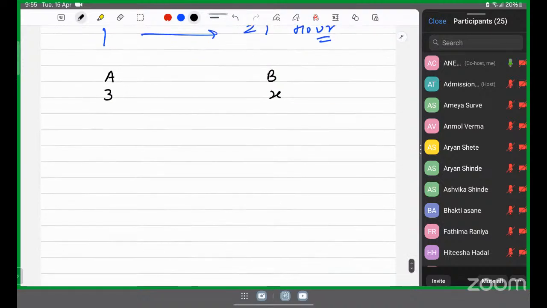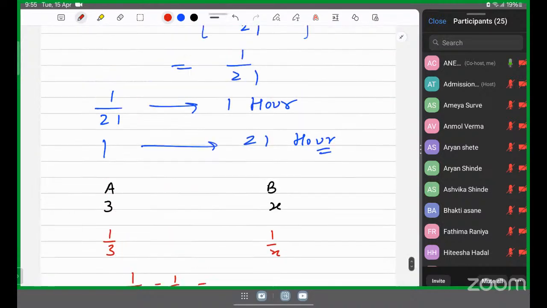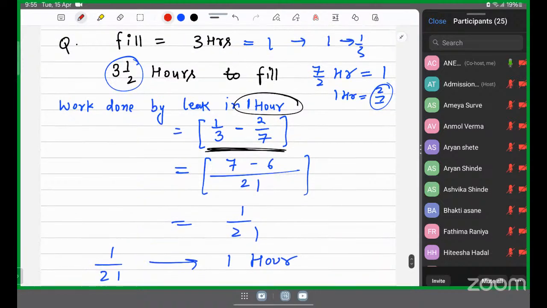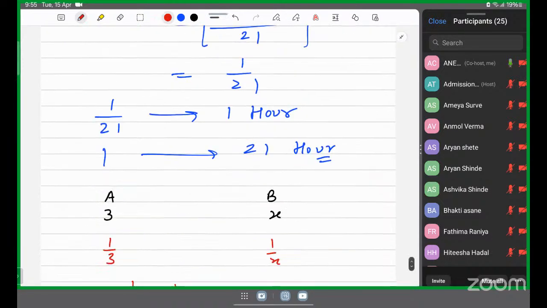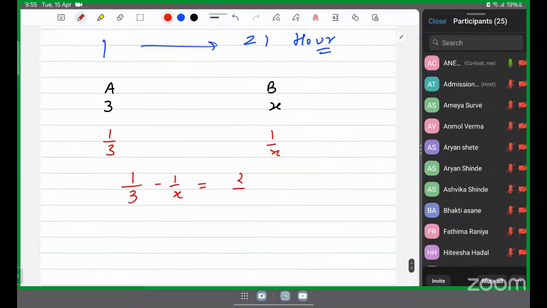Now, if you club this information for 1 hour, this will be 1 by 3 and this will be 1 by X. And work done by both of the pipes, 1/3 minus 1 by X, will be equal to the work done in 1 hour, that is 2 by 7. That is 2 by 7, right?